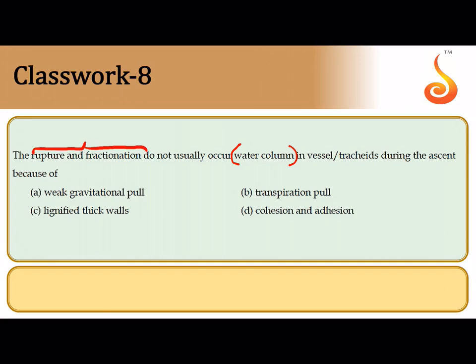What makes sure that this water column is continuous and does not break? It is the cohesion and the adhesion property of water. Cohesion means the water molecules exhibit intermolecular forces of attraction. Adhesion means attraction between the water molecules and polar surfaces, such as the wall of the xylem vessel.